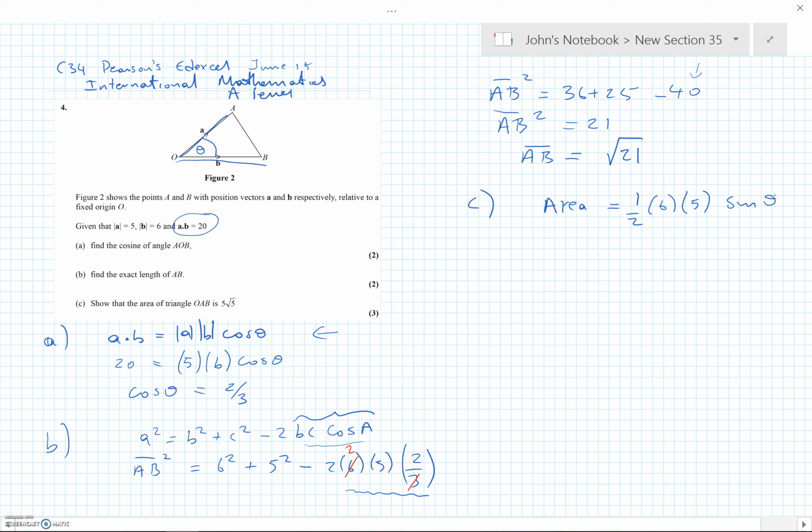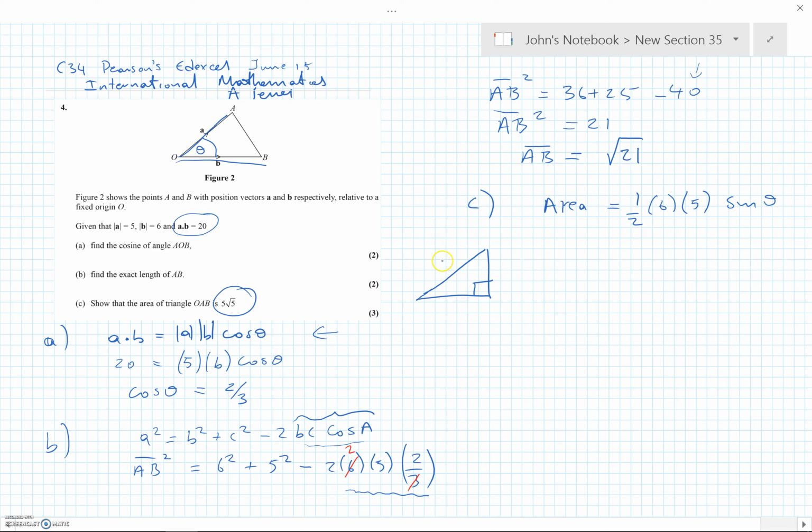I suppose the only thing is we need to show it is exactly 5 square root of 5, so we need to state what sine theta is, because we know cos theta. We can use trig identities here if we want, but I prefer to do a quick diagram with a triangle, because we're only dealing with acute angles after all. So we've got 2 and 3.